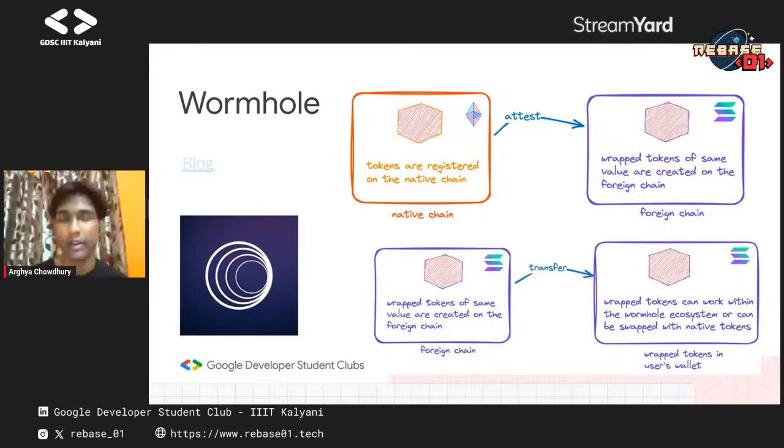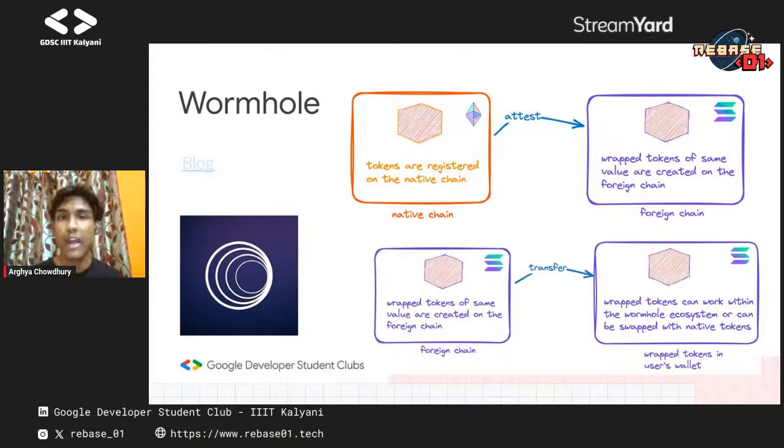So you can do all that using Wormhole. You can bridge tokens, you can transfer assets such as NFTs and tokens, and you can even send messages. You can do plenty of stuff on Wormhole.